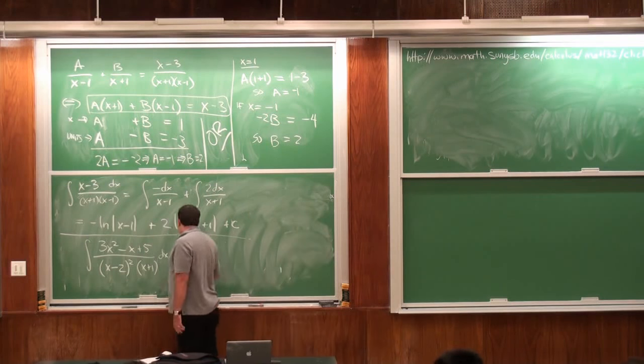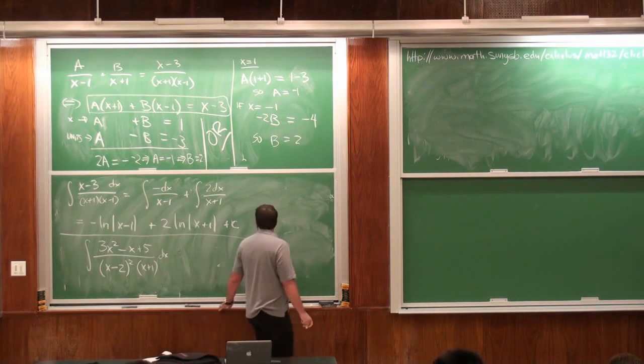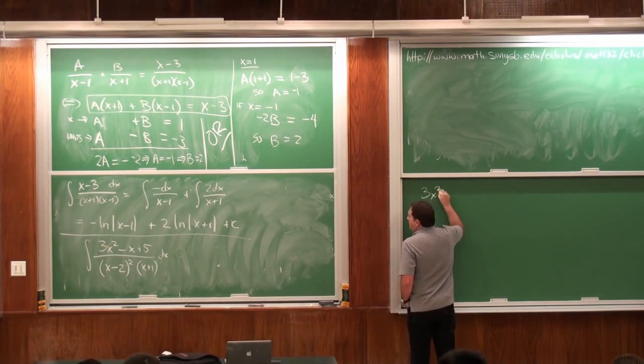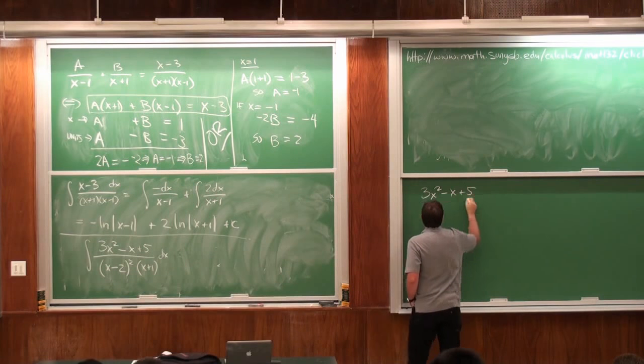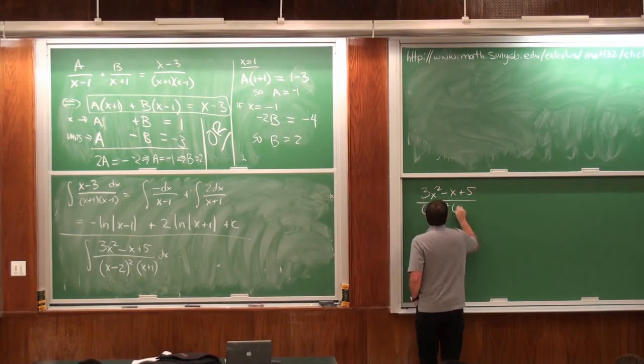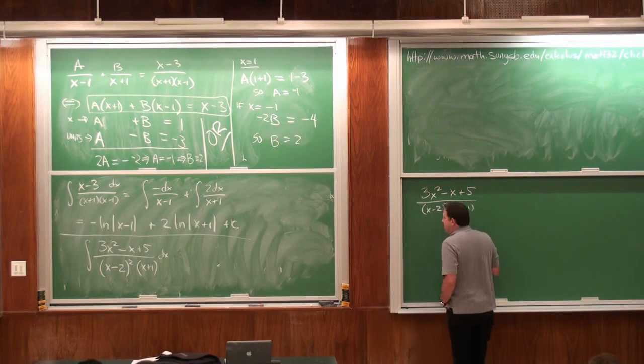The problem is, so let me actually move over to the next board. So I have this problem, 3x squared minus x plus 5 over x minus 2 squared times x plus 1.